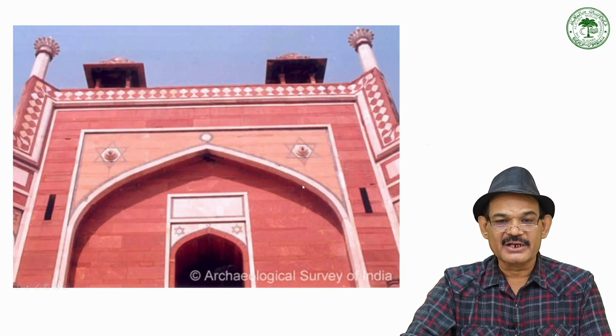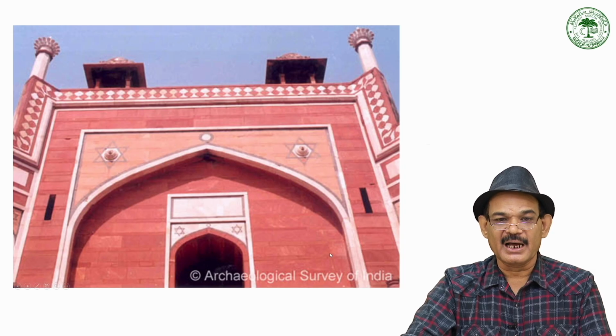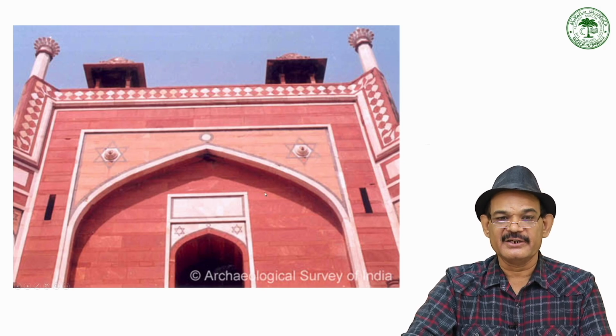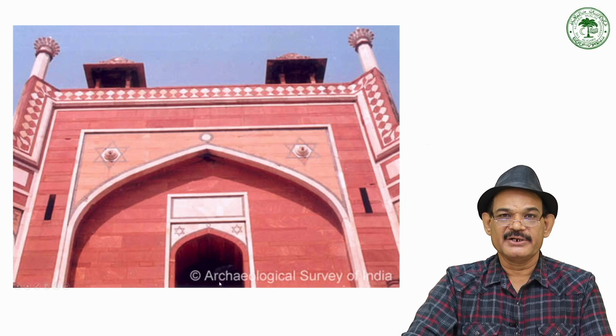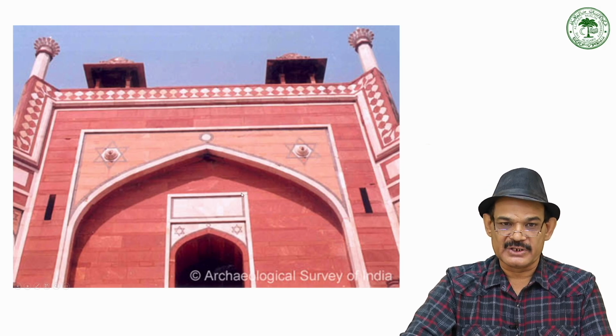And the central portion is very interesting, containing a bigger arch, and this bigger arch contains two arches. The lower arch provides entrance access, while above that we have arched openings. These arched openings above the entrance are meant to relieve the suffocation inside and provide light to the inside.